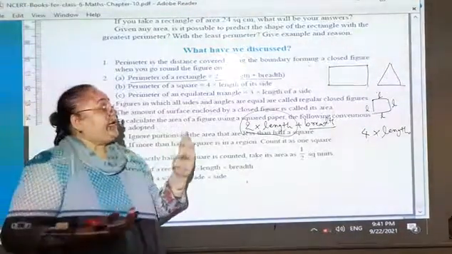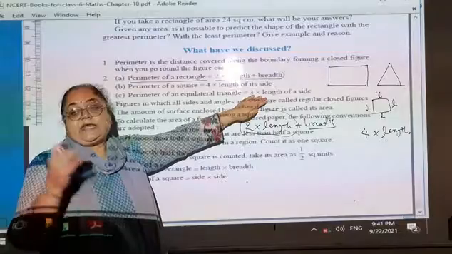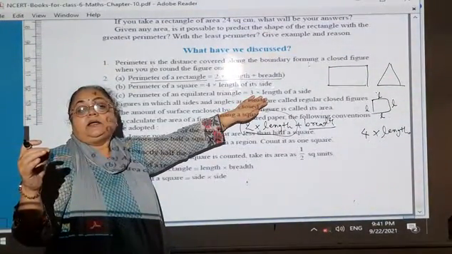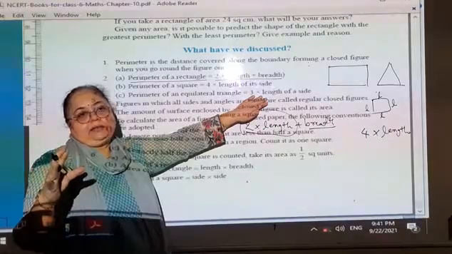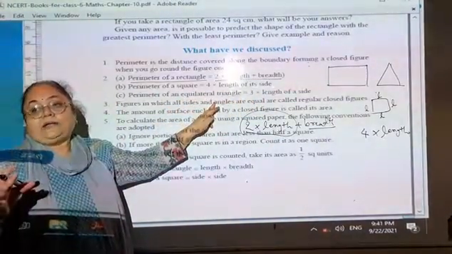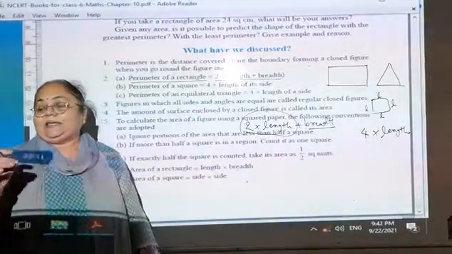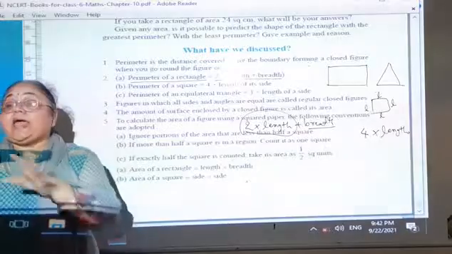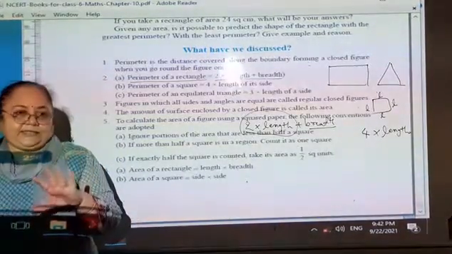This formula is applicable only for an equilateral triangle. For scalene and isosceles it is not applicable because they have different measures of sides.